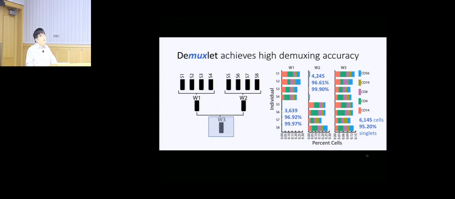So this is the library prep cost. I think 10x says it's $2,000 per well. If you go by list price, basically you're saving $2,000 times the number of samples minus 1, for each well.